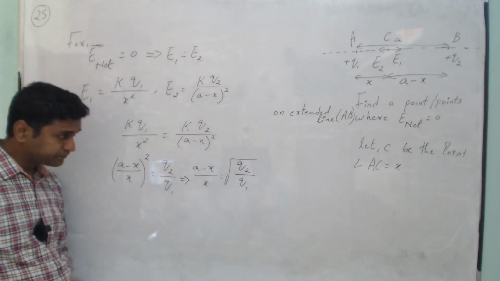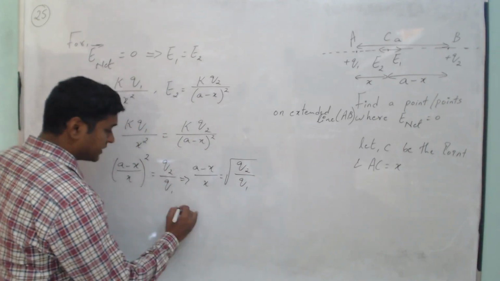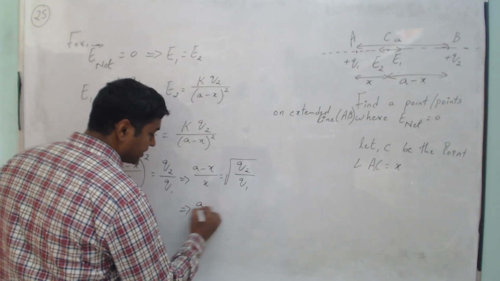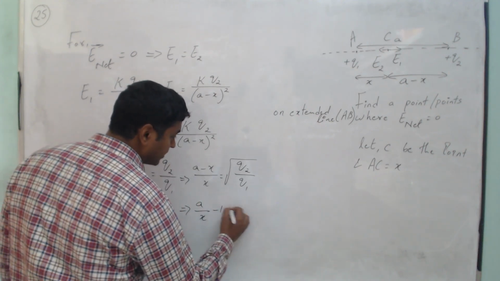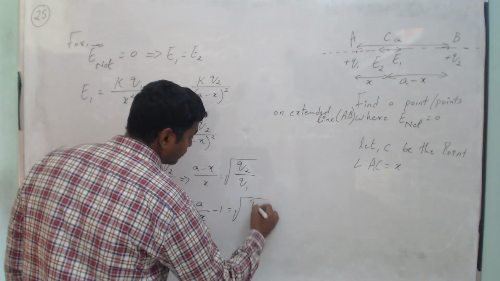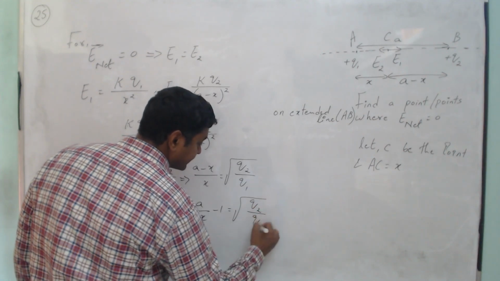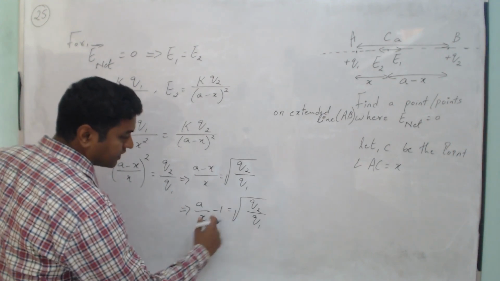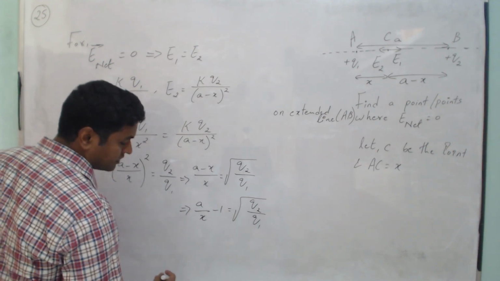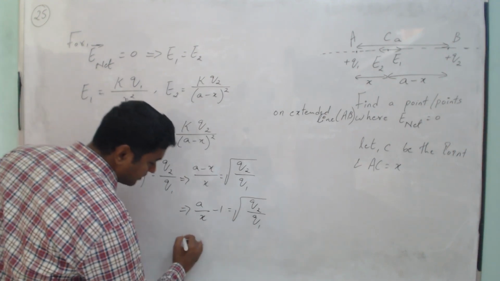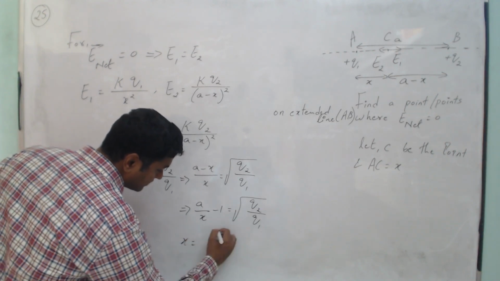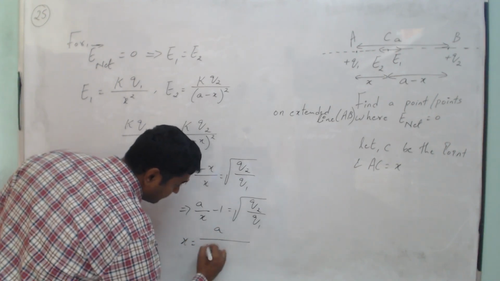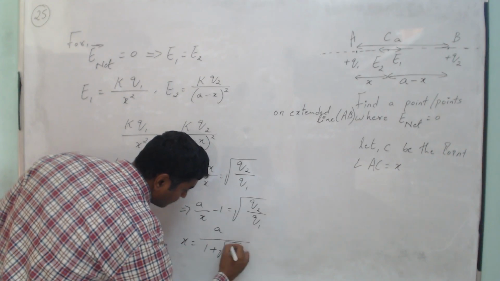That implies a by x minus 1 is under root q2 by q1. So therefore, taking it on the other side and doing cross multiplication, my final answer I'll get as a divided by 1 plus square root of q2 by q1.